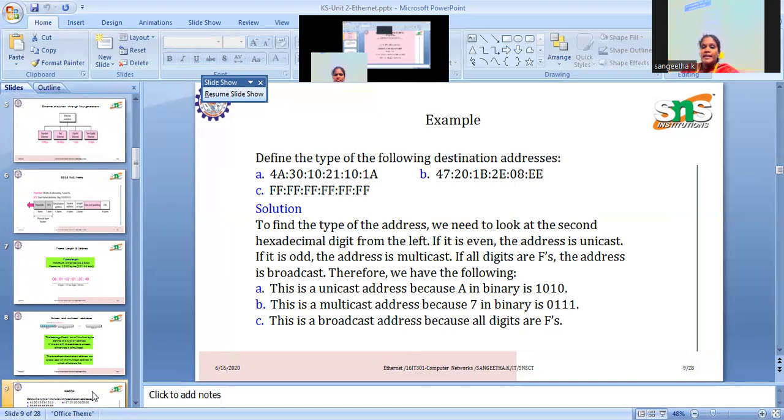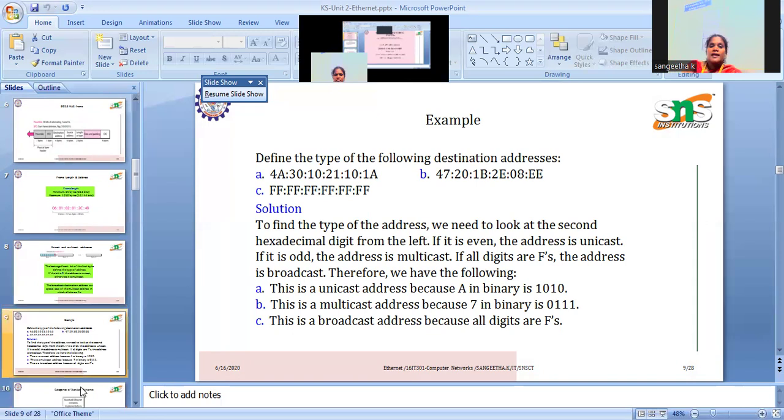The second one is 47. The equivalent bits of 7 are 0111 and the last bit is 1, so it is a multicast. The third one is FF, where the first byte is all ones, so it is a broadcast address. So based on the least significant bit of the first byte, we can tell the type of address.